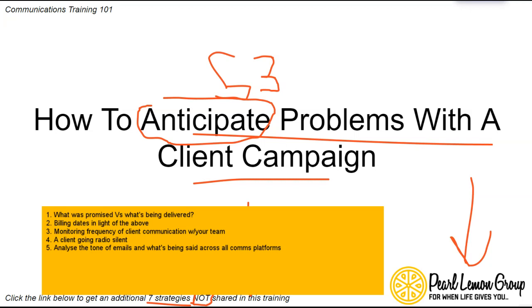Are they analytical? Are they analytical as well as critical? Are they happy and high level? So understanding the personality type of your client, the mood and the tone, exactly what they're saying, is going to help, because this will be another good way to anticipate problems with clients.